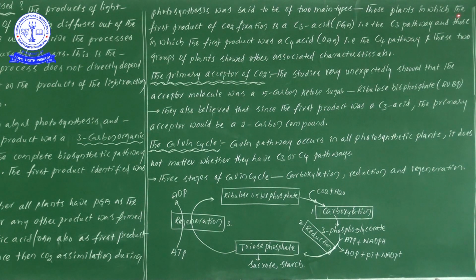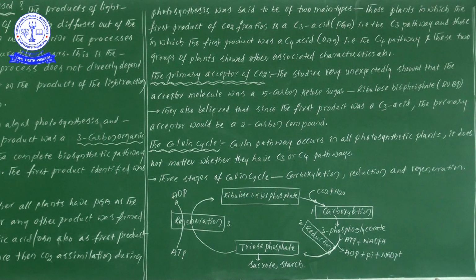Those plants in which the first product of carbon dioxide fixation is a C3 acid, that kind of pathway we take as the C3 pathway, and those in which the first product was a C4 acid, the plant or the pathway is known as the C4 pathway. Now, these 2 groups of plants showed other associated characteristics also. So from these lines, what is the information?